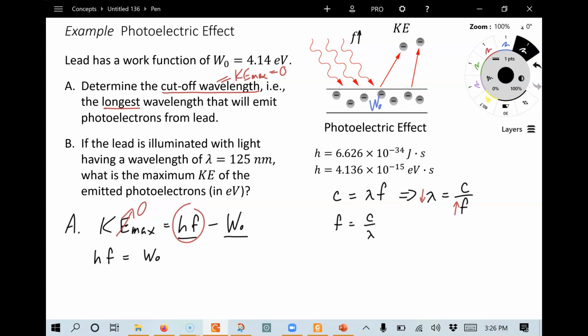So we put in h times c over lambda equals W0. Let's multiply by 1 over hc on both sides. We cancel these out here, and we've got the reciprocal relationship. So to solve for the wavelength, I need to take the reciprocal of the other side.